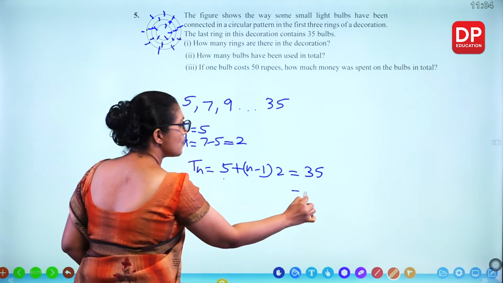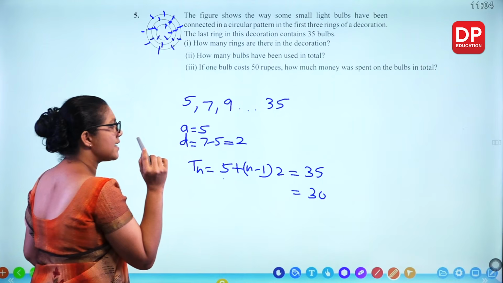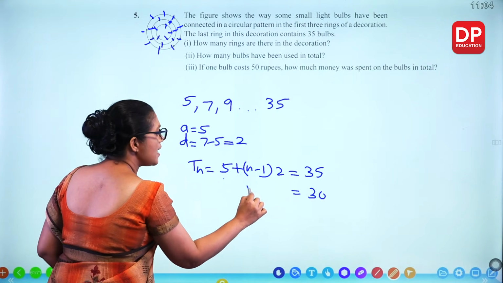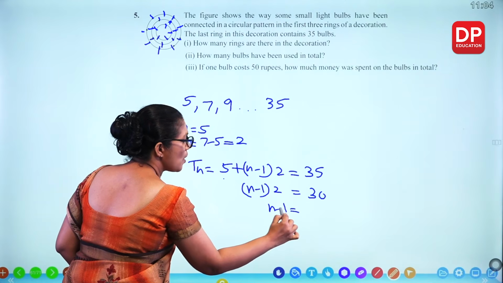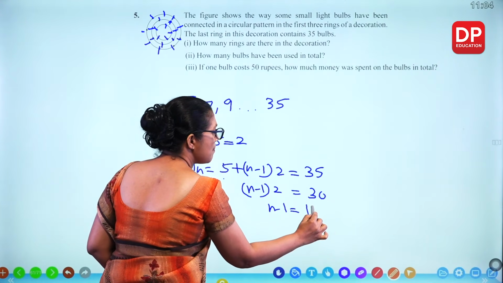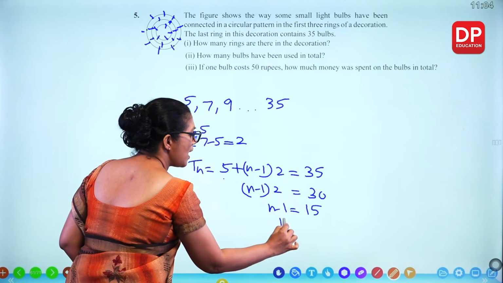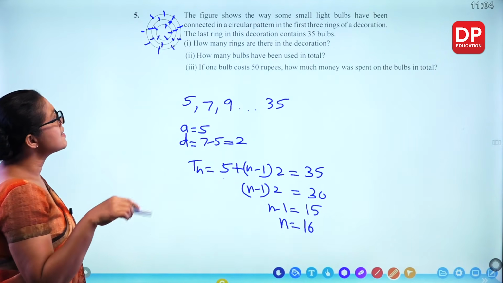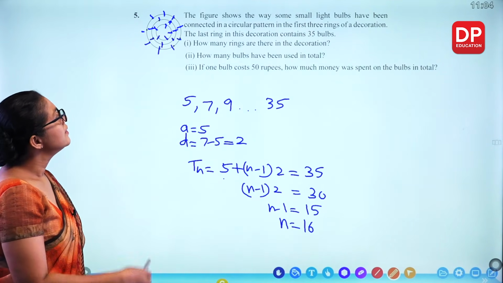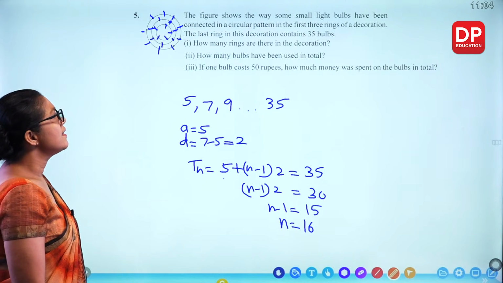Subtract 5, you get 30, 35 minus 5. Divide by 2, you get n minus 1. 30 divided by 2 is 15. So n equals 16. That means 16 circles are there, 16 rings are there in the decoration.